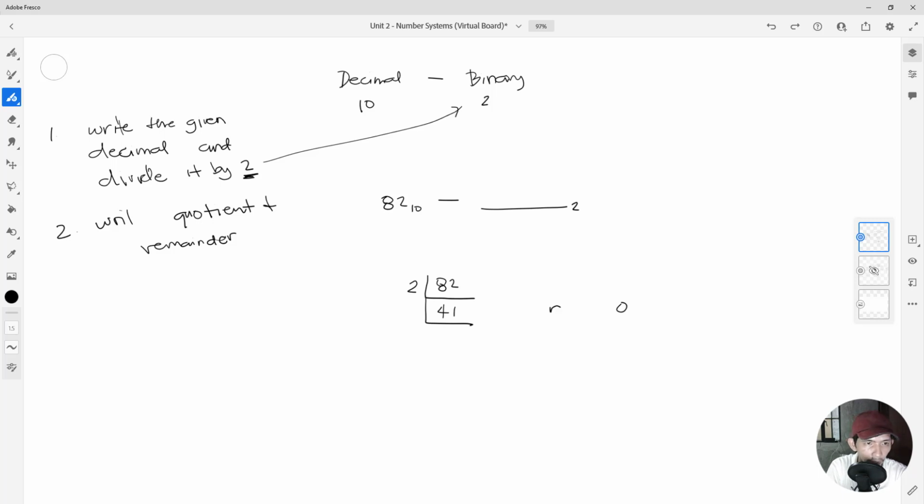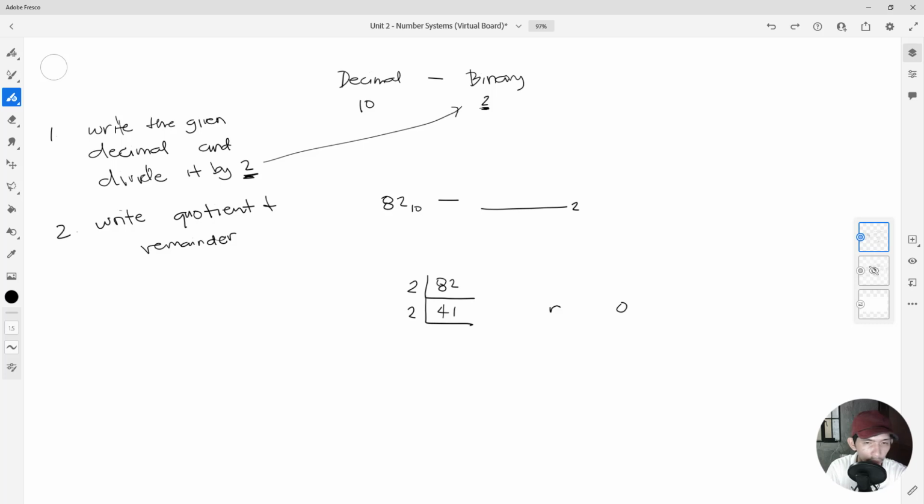So, 2 divided by 2. Yung 2 natin na to, bakit siya nakuhang 2? It is because we are going to get our final answer in binary form. So, kaya siya 2.